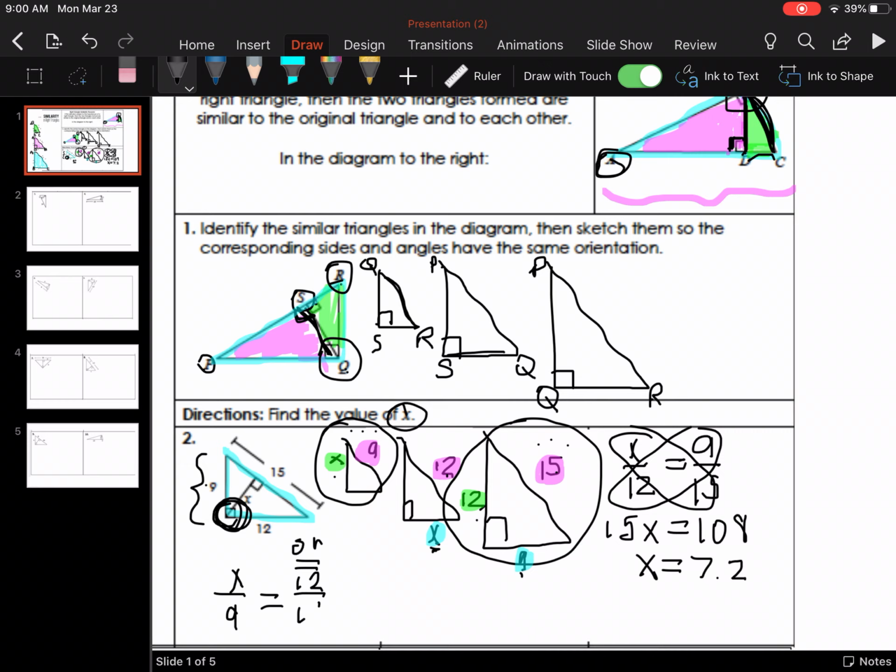So in this case, you actually could do it this way as well. But if you notice, when you cross multiply, you're going to get 15x equals 12 times 9 again, which is that same 108. So you still get that same 7.2. So not always do you have a choice. In this particular case, they gave you a lot of information in this original picture. So you actually had 2 choices of proportions, but if you notice, you get the same answer.